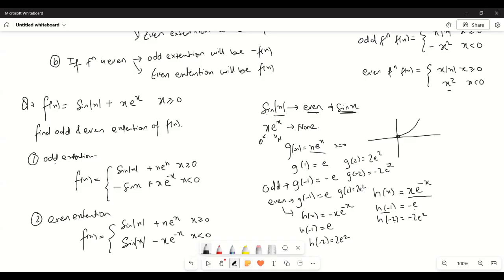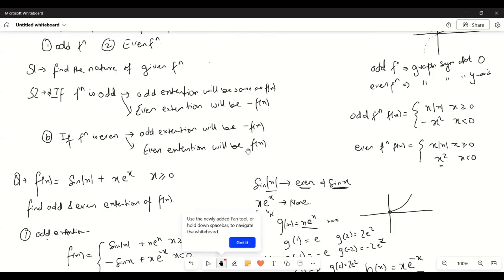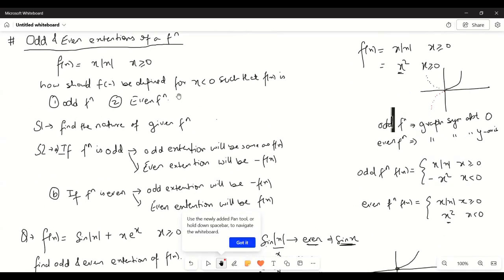So odd even extensions is generally a concept in which f(x) का एक definition दिया हुआ रहेगा either for the positive side or for the negative side, and you'll be asked to find out the definition of the function on the other side, so that it is an odd function overall or an even function overall. So finding the other half is what we call odd or even extensions of a function.